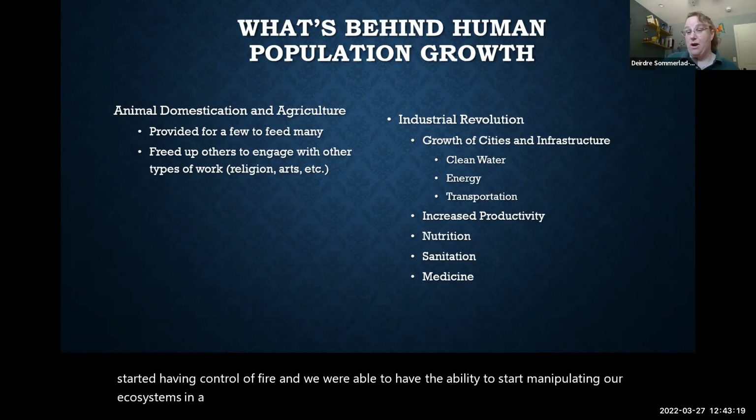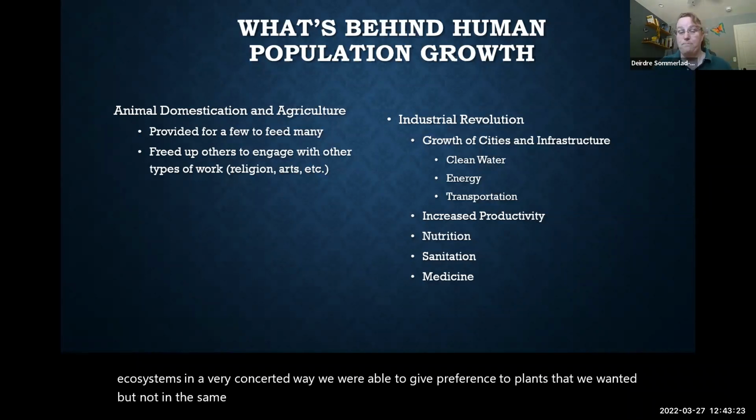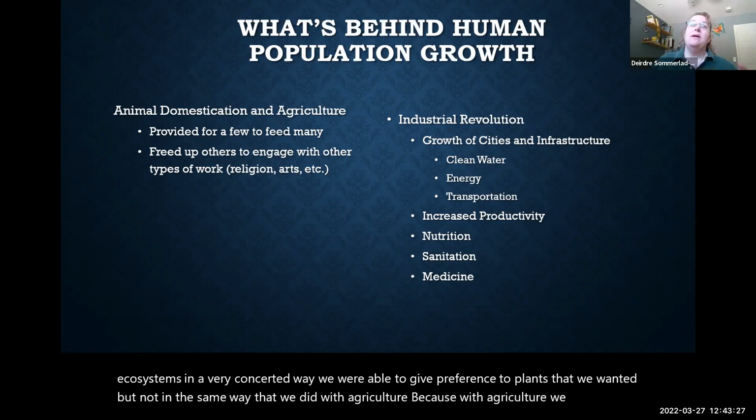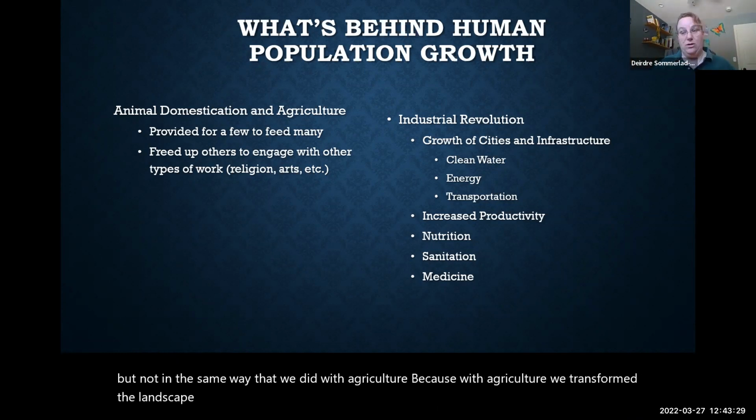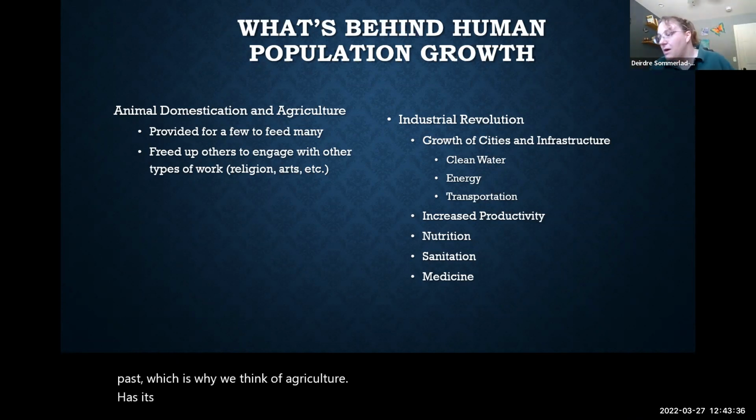We were able to give preference to plants that we wanted, but not in the same way that we did with agriculture. Because with agriculture, we transformed the landscape into what we wanted to use it for in a way we hadn't done in the past, which is why we think of agriculture as its own system.